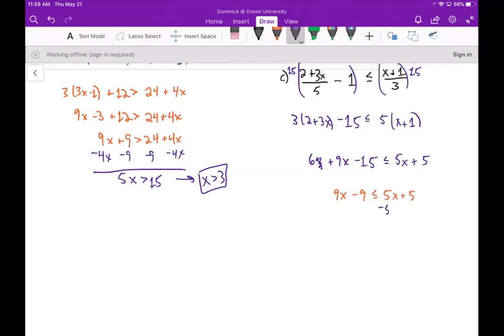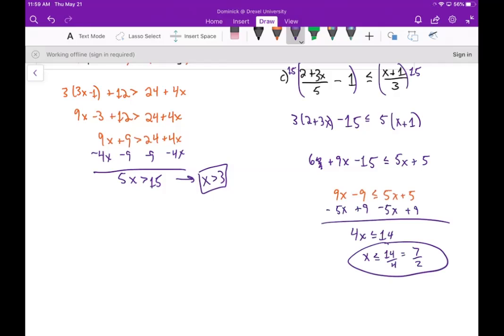So if we subtract 5x and add 9, we're going to get that 4x is less than or equal to 14. So we get that x is less than or equal to 14 over 4, which is 7 over 2. Okay, so that is our final answer there.